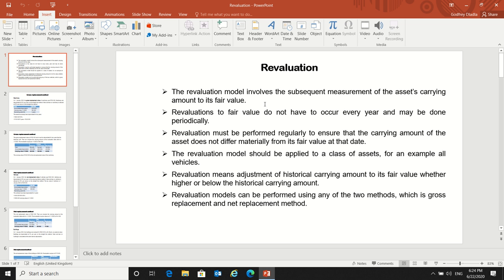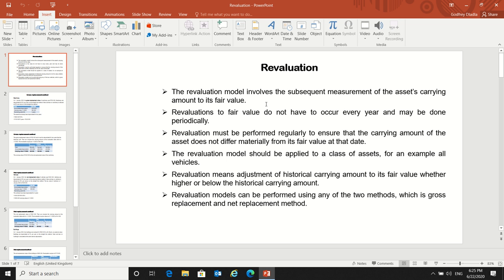Then we go to the next one where they are saying revaluation means adjustment of historical carrying amount to its fair value, whether higher or below the historical carrying amount. Now, here, what needs to happen is that in some instances, you can revalue an asset below its carrying amount. It's a devaluation technically.